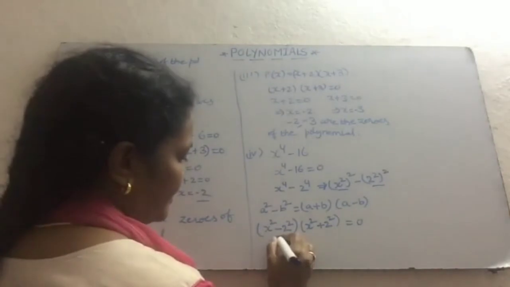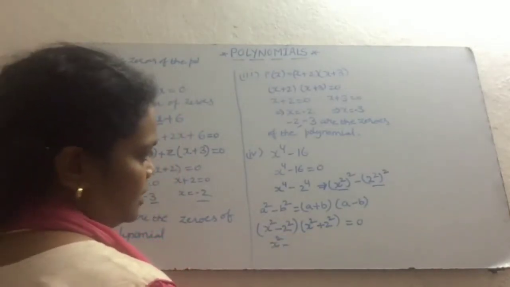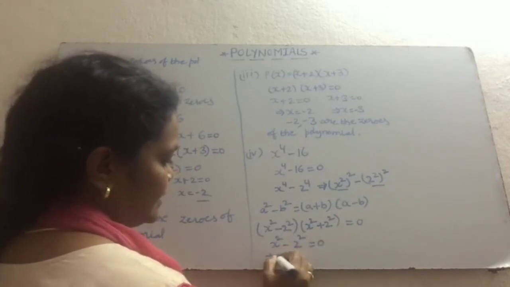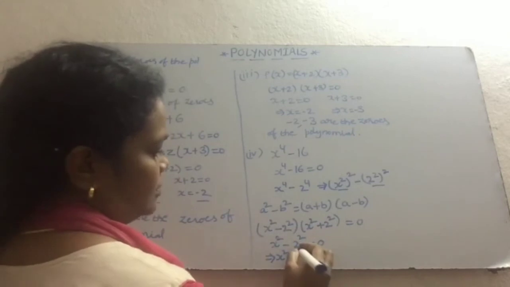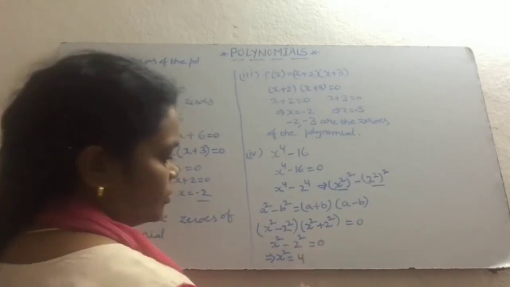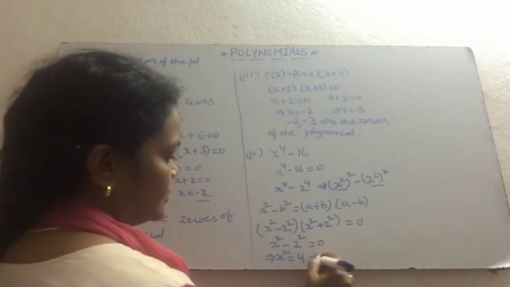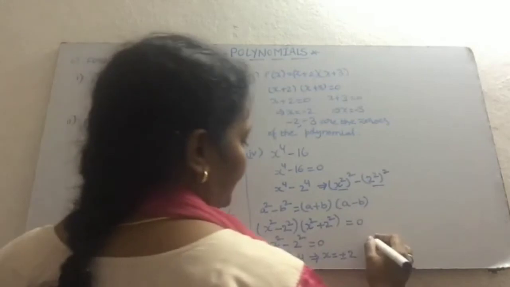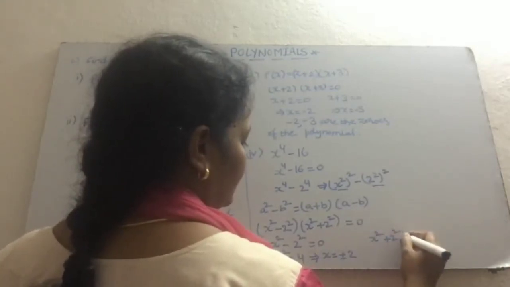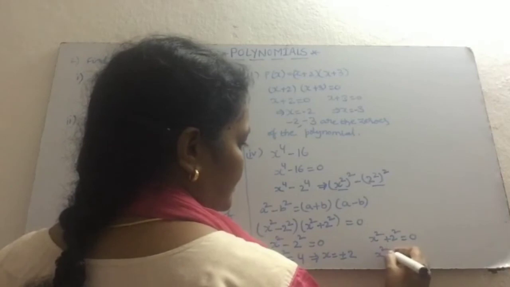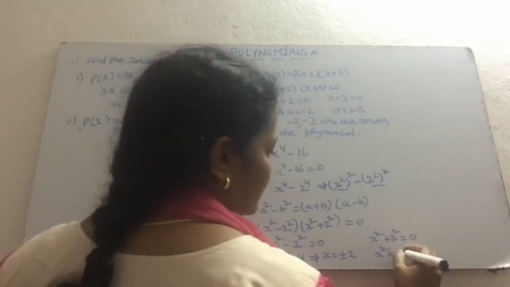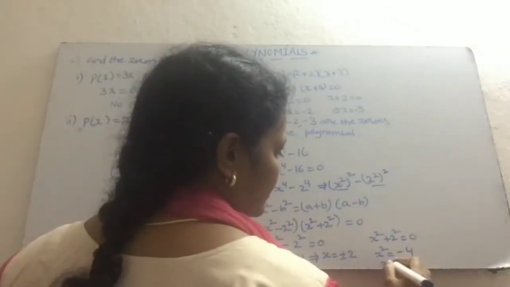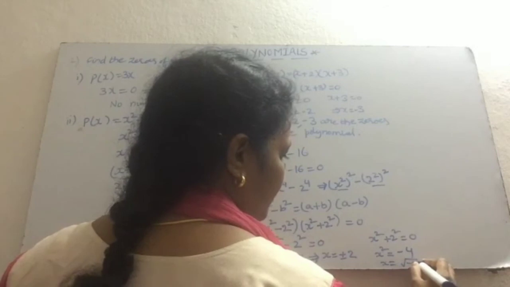Now x square minus 2 square equal to 0. That implies x square is equal to 4. That means x equal to plus or minus 2. And in this, x square plus 2 square equal to 0. So x square is equal to minus 4. So x equal to root of minus 4.